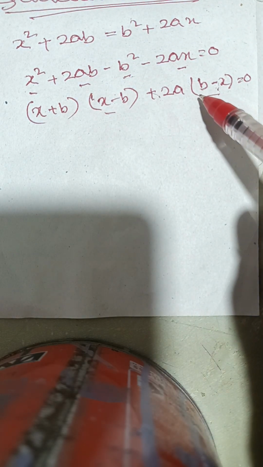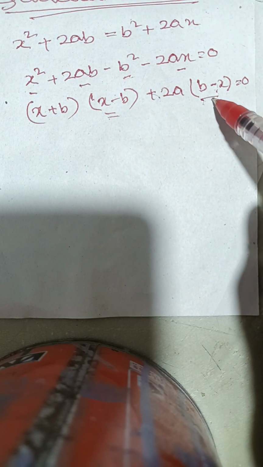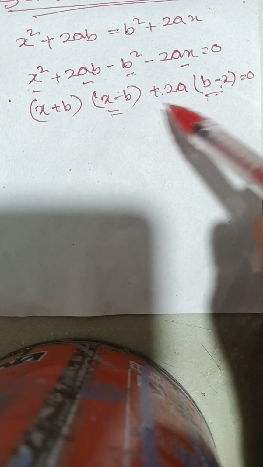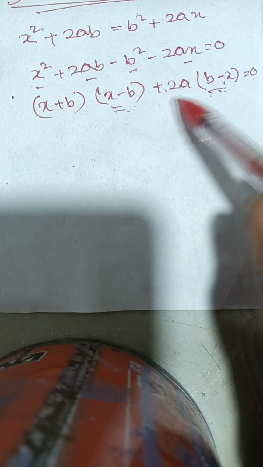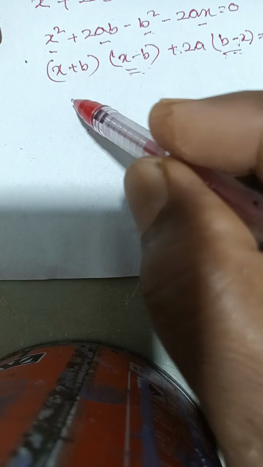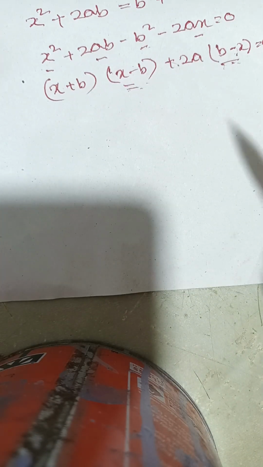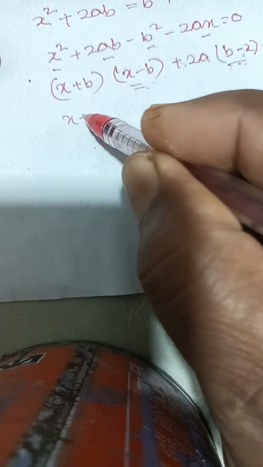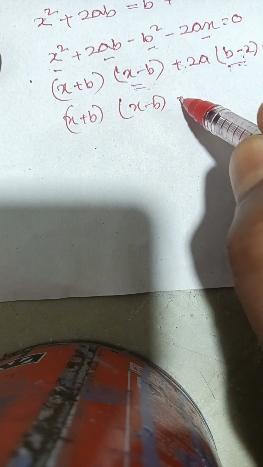I already told in the last examples that here and here two factors must be same. Here these are not same but similar type. It is x minus b, it is b minus x. So you make them same. How will you make them same? You write x plus b, you write x minus b.